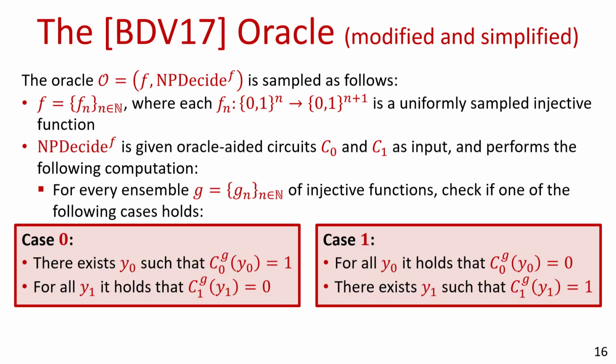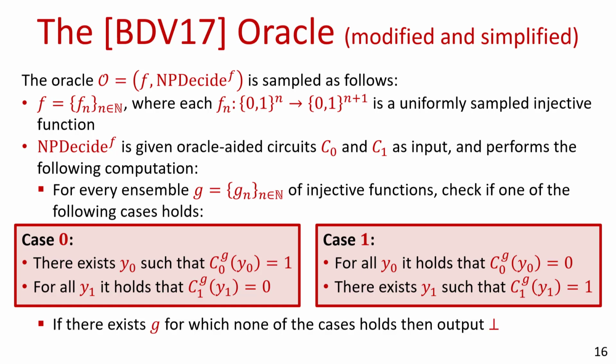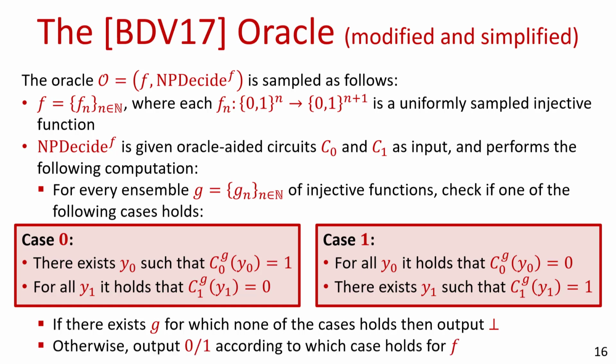Case 0 is when C0 outputs 1 on some input Y0 relative to the oracle G, and C1 does not output 1 on any input Y1 relative to the oracle G. Case 1 is similar to case 0, but with the roles of C0 and C1 switched. Now if there exists any G for which none of the cases holds, then NP-decide of f outputs the bottom symbol. Otherwise, it outputs 0 or 1 according to whether case 0 holds or case 1 holds for f.